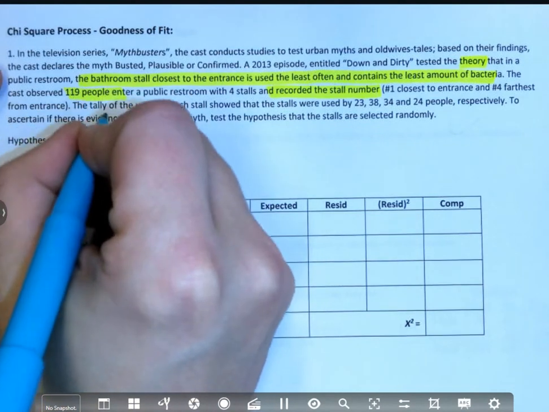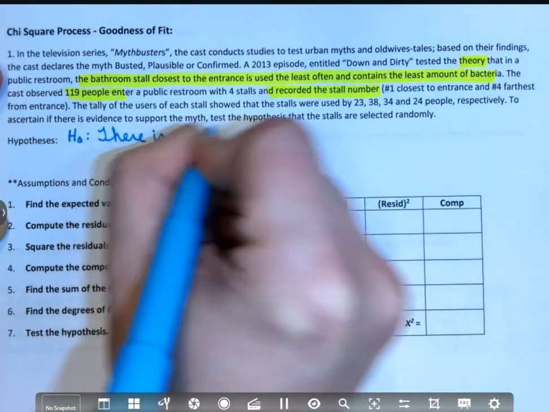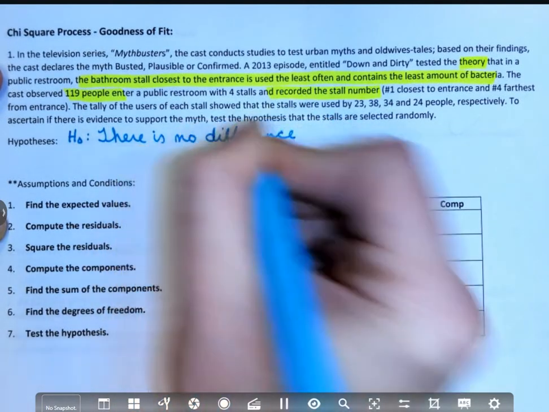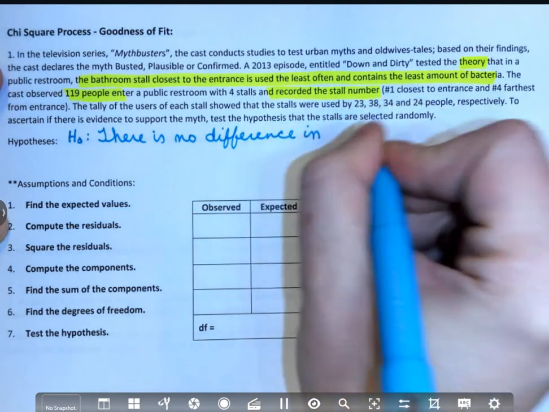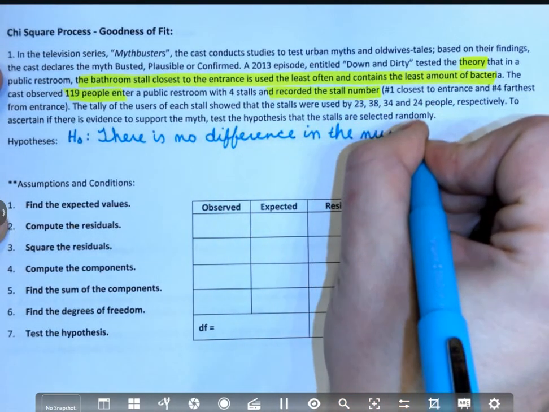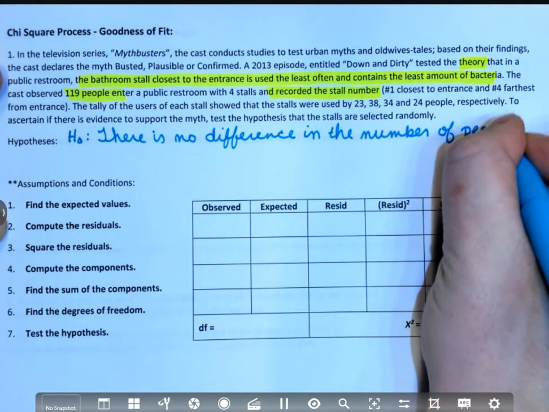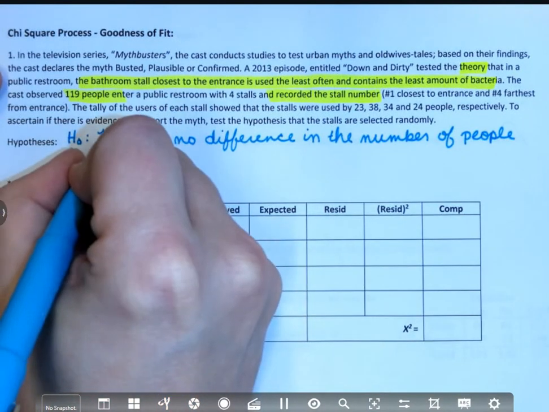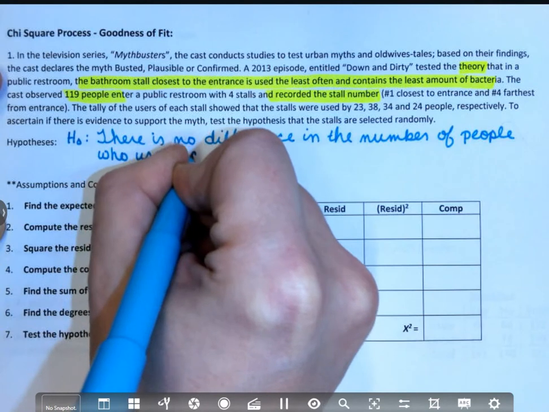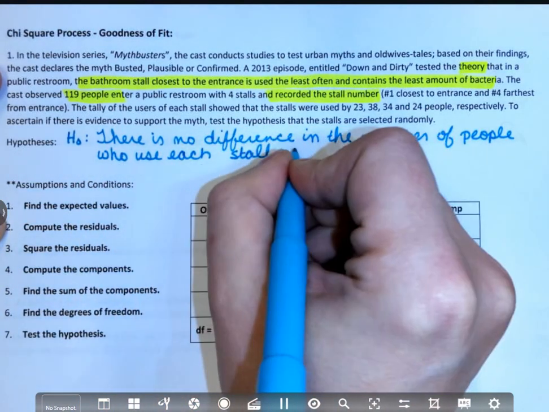And so I'm going to say there is no difference in the number of people who use each stall in a public restroom.